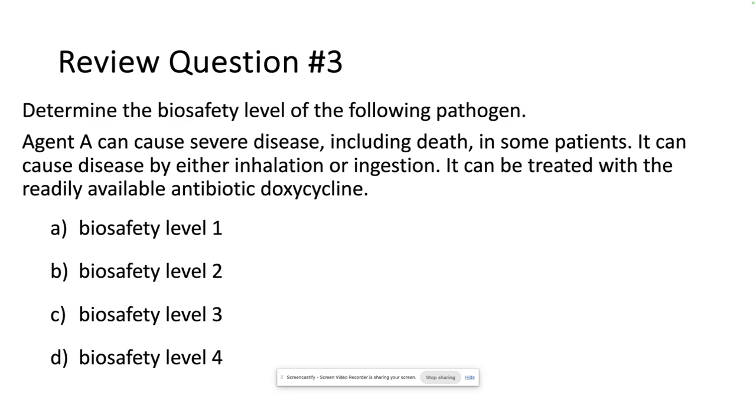Now, we really don't care about how we can get the disease, but a really important piece of information is that it can be treated with the antibiotic doxycycline. This tells us that it is not D, it's not a biosafety level 4 lab where there's no treatments. So the answer to this question would be C, the biosafety level 3.